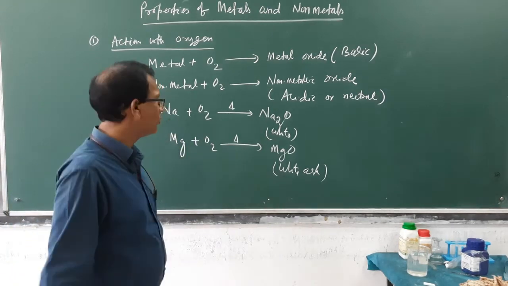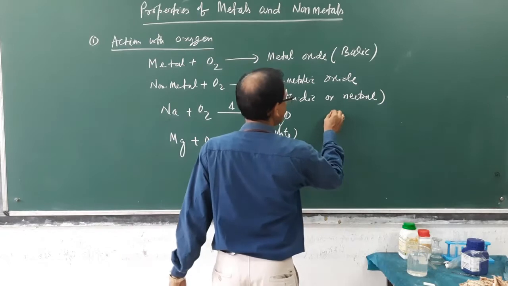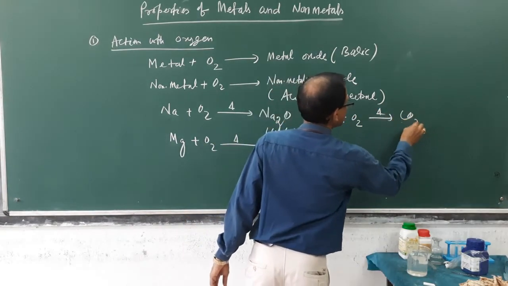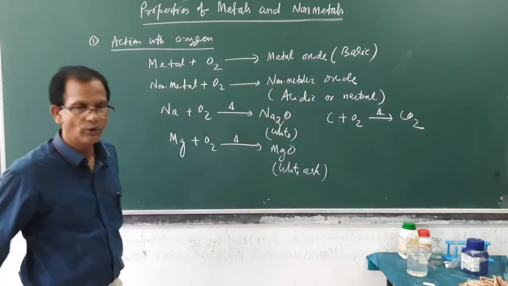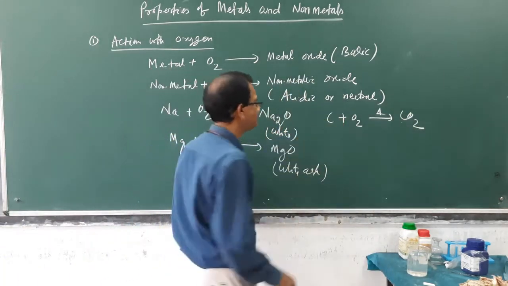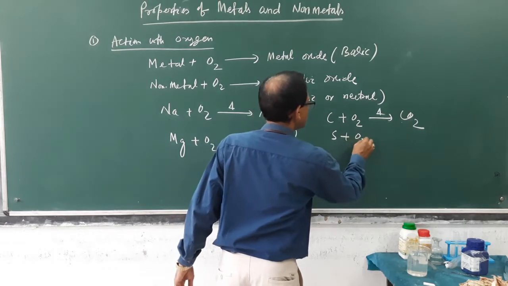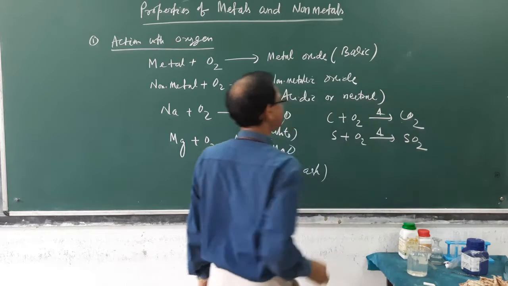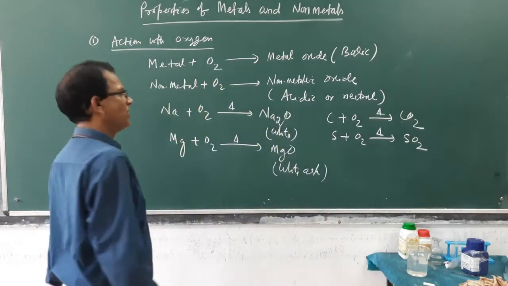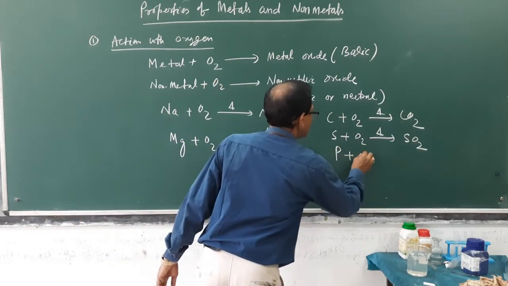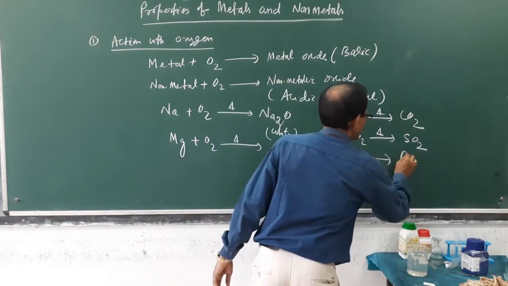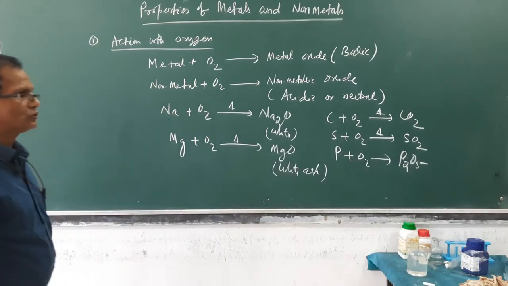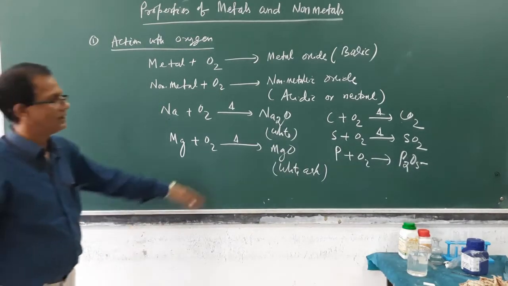And if you see the non-metals, for example, burning of carbon in oxygen forming carbon dioxide, you already know. When coal burns, it produces carbon dioxide. Sulfur burns in oxygen, producing sulfur dioxide. Phosphorus burns with oxygen, forming phosphorus pentoxide.